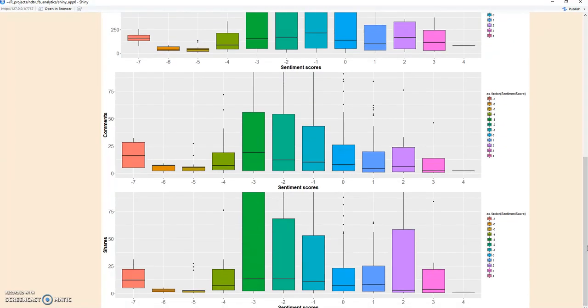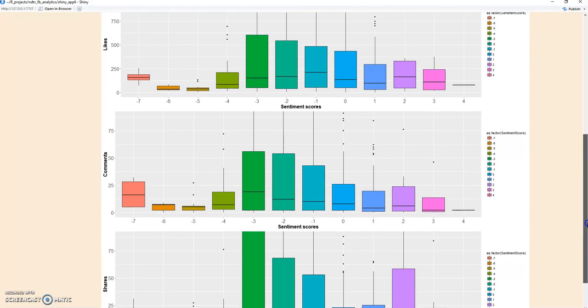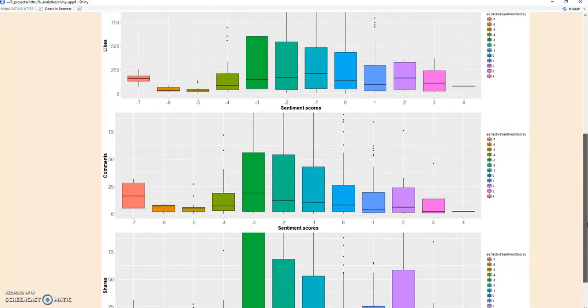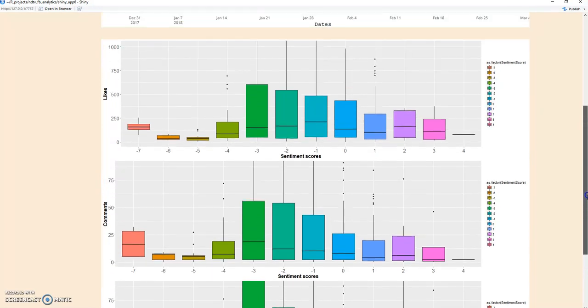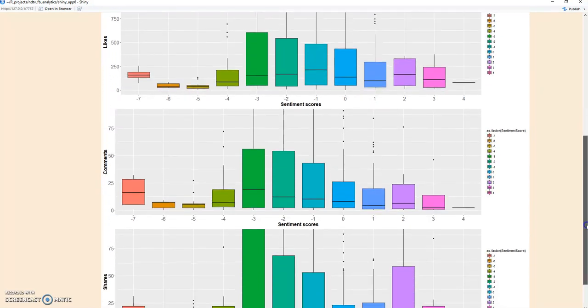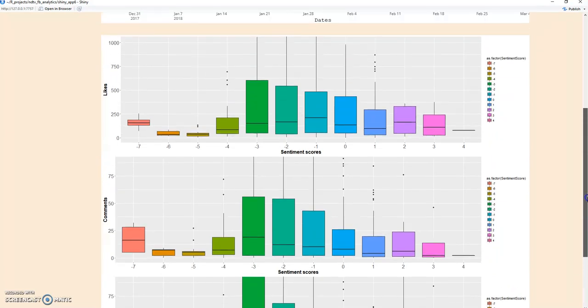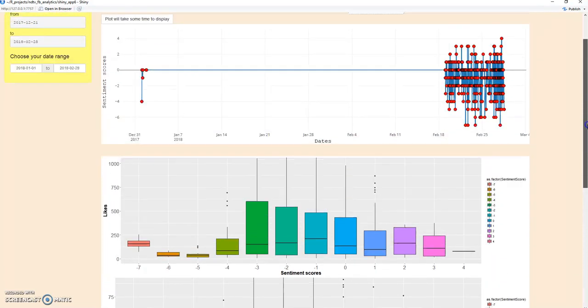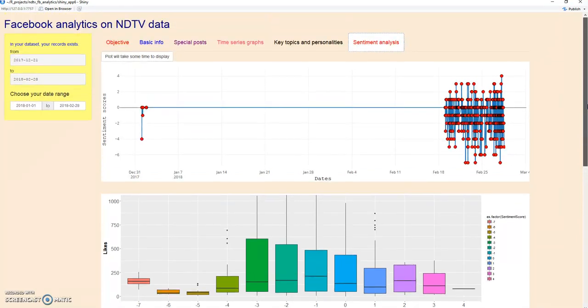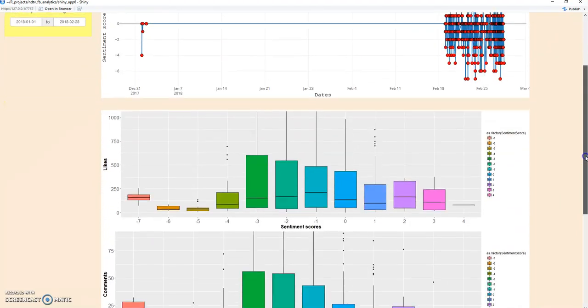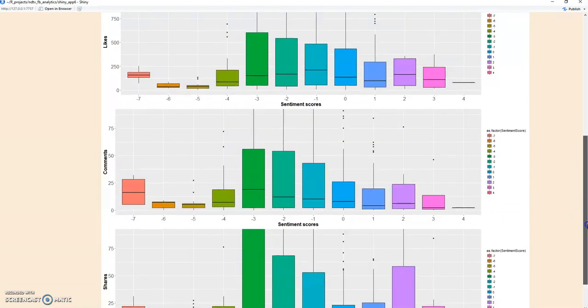So this is a very important implication for the media house, specifically in terms of what news it can share, and it might even, to a certain extent, show us the psychology of its subscribers in terms of what they like, share, and comment on.